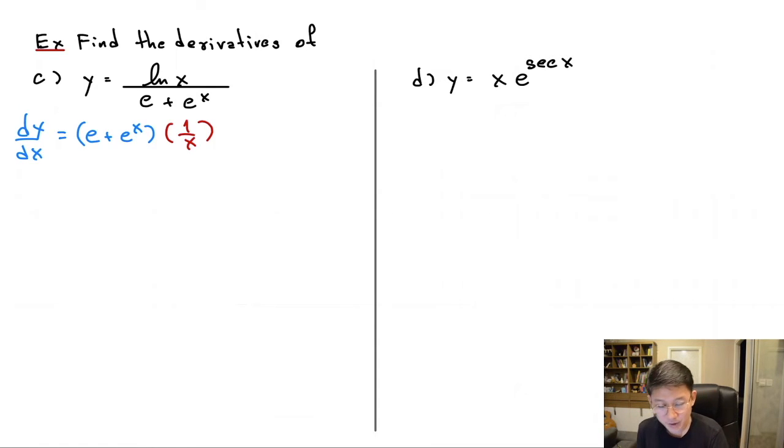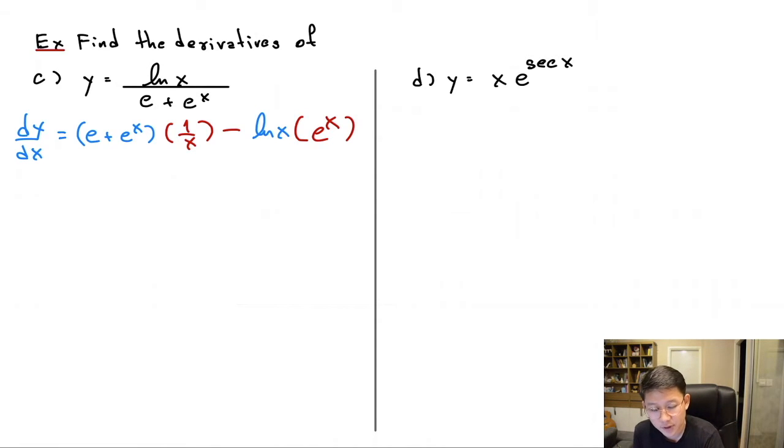Low d high minus high, which is log x, d low would be e to the x. Why? Because d of e is 0. Don't forget, guys, e is a number. It's 2.7 something. It's just a number. So the derivative of e is 0.